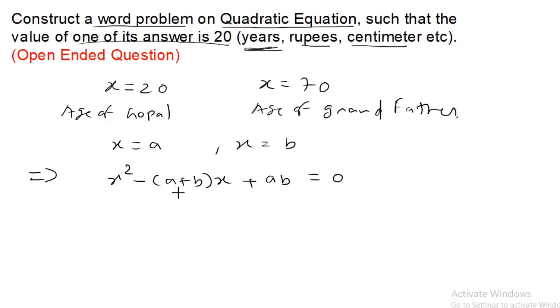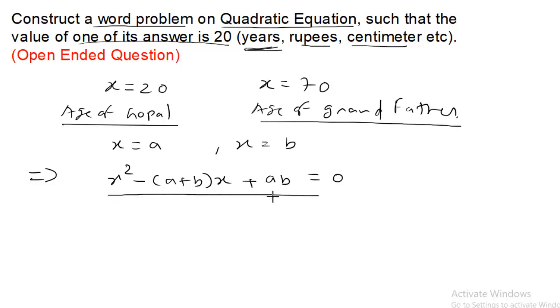That is, sum of the roots and product of the roots. So let us apply this concept to frame the situation. Here one of the solutions is 20, that is the age of Gopal. Another solution is 70, that is the age of the grandfather. So we can frame the situation according to this equation.